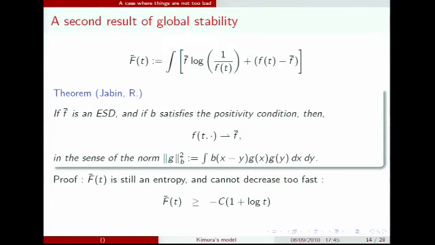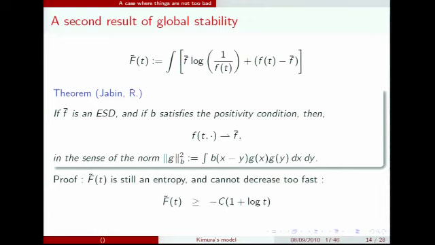And we still have that this modified entropy is an entropy. It will be decreasing because the time derivative of this one will be exactly the same as the one before. The only thing that we lose in this process is that now this entropy is not always positive. Indeed, it will converge to minus infinity.